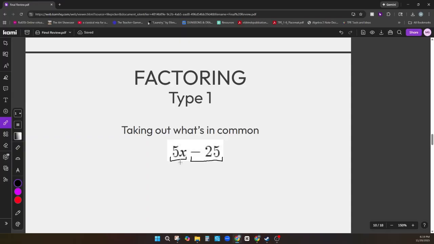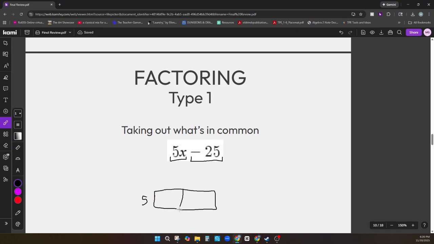So we're trying to figure out what multiplication facts they share. So what multiplication facts do 5 and 25 have in common? After a little bit of thought, we should be able to come up with that they both are part of the 5 multiplication facts. So that means I could take a 5 out of this expression.